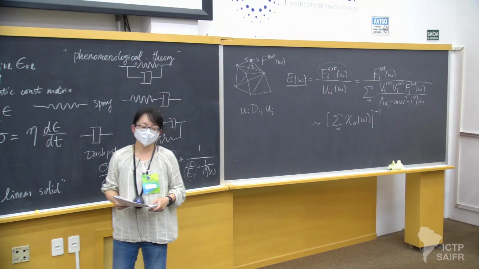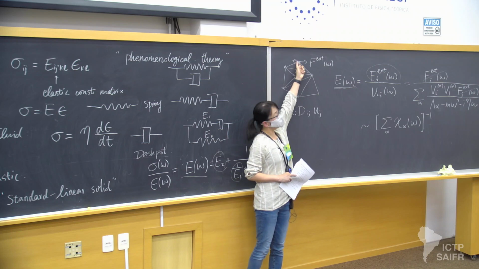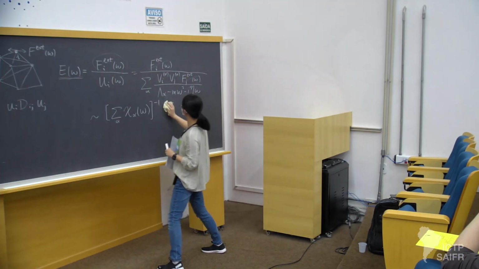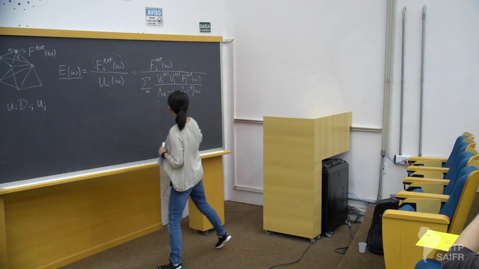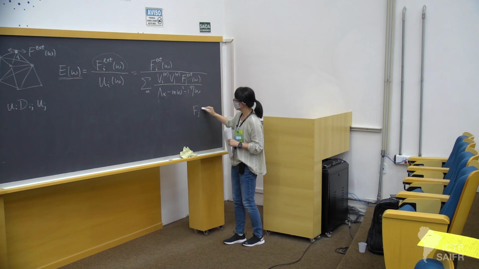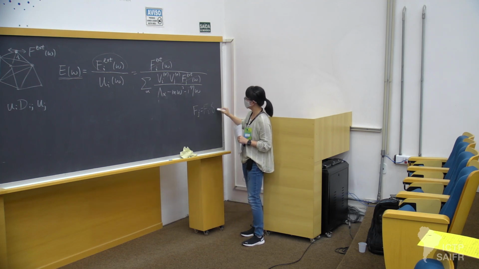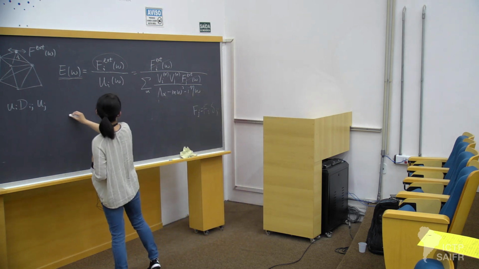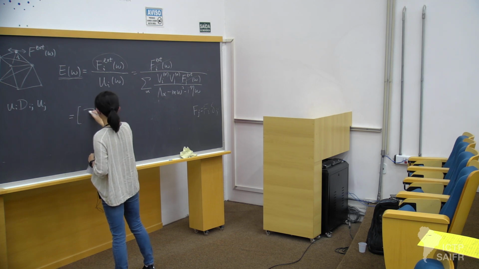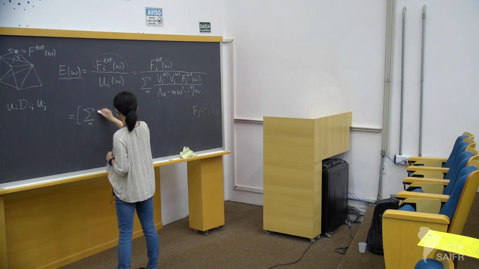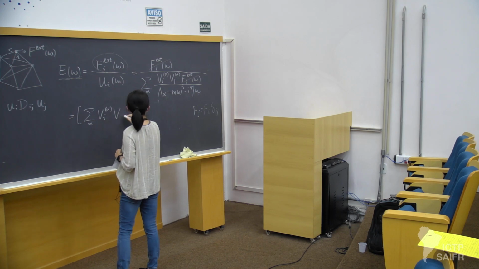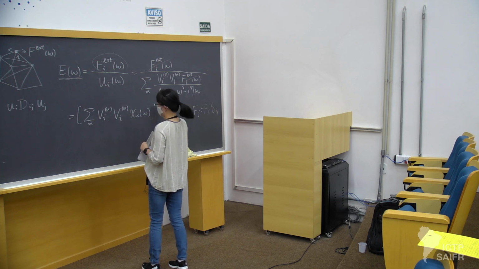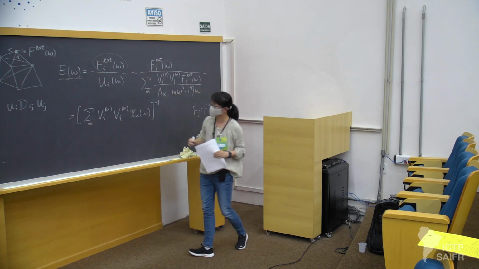Oh, so if you only grab one site and shake it, that's only one term here. So let me write it more specifically. So this Fj would be Fi delta ij, right? So then this would become, okay?